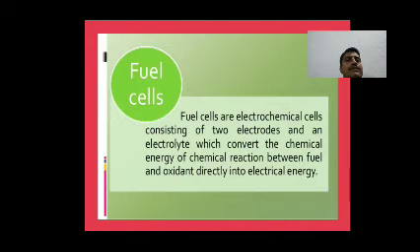It consists of two electrodes, anode and cathode, and an electrolyte of sodium hydroxide, which converts the chemical energy of chemical reactions between fuel and oxidant directly into electrical energy.